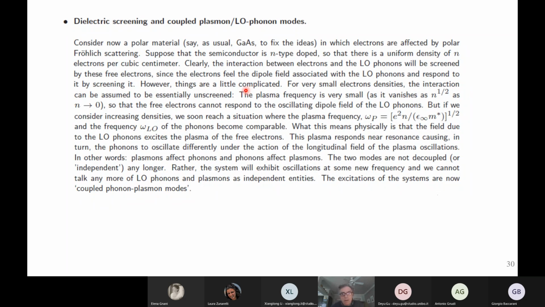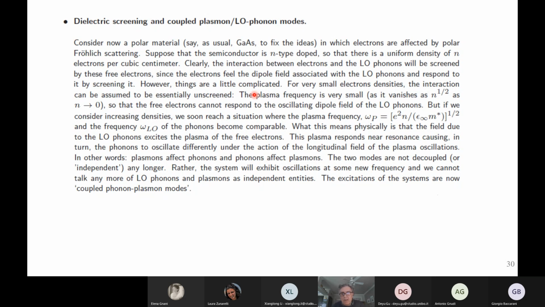You are in a field effect transistor, and the gate bias has induced a large electron density. Now what we have is two types of long-range fields that can arise from elementary excitations of the solids. The field that we just saw, which is the dipole field due to the longitudinal optical phonons, and the long-range field due to the plasma oscillations.